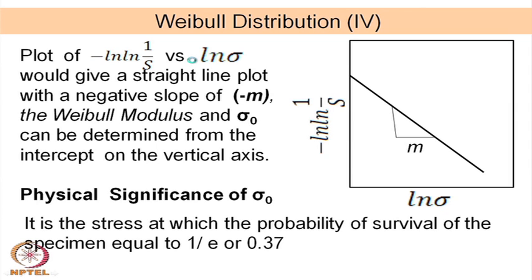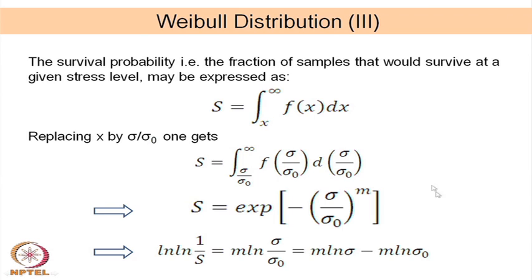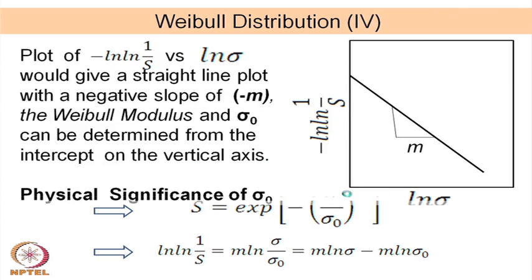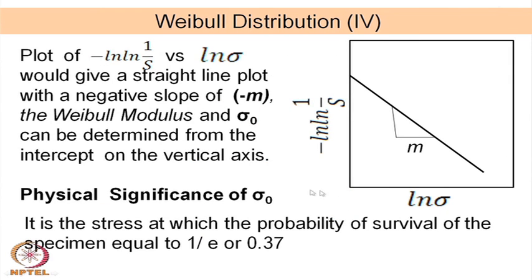If you go back to this equation, m ln sigma 0 will be the intercept. So, from this intercept one can calculate sigma 0, and from the slope one can get the Weibull modulus.